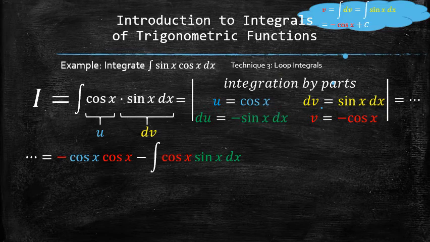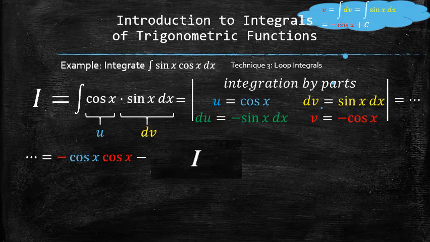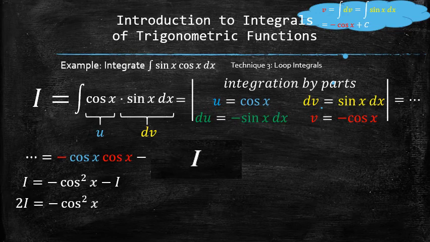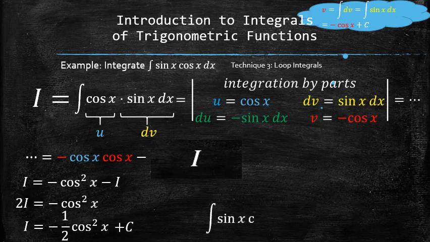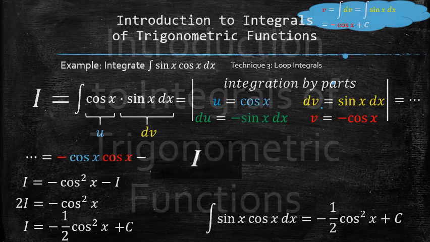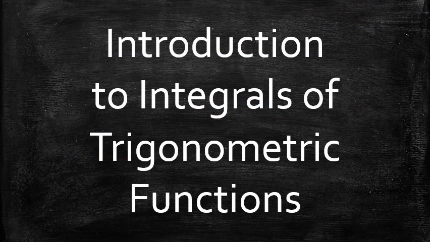We introduce I, collect all I's on one side, divide both sides by 2, and add plus C to get the answer to the original problem. We discussed and practiced 3 integration techniques that are frequently used when integrating the trigonometric functions.